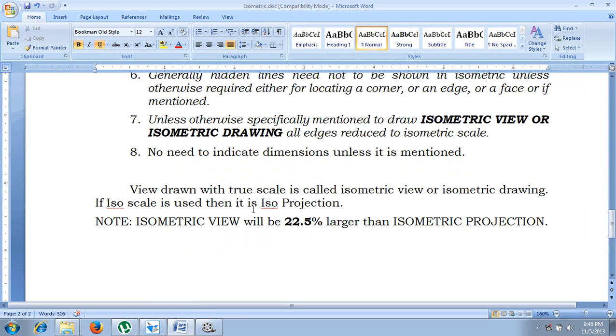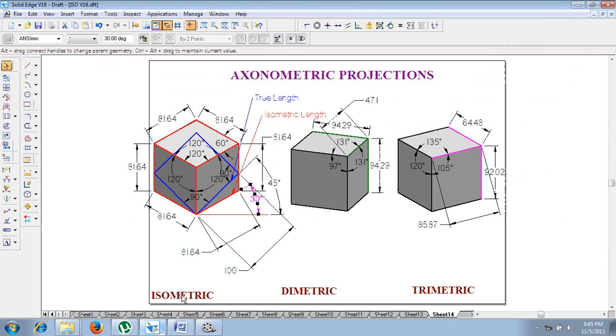If isoscale is used, then it is called isometric projection. What is isoscale? Isoscale is nothing but cos 45 by cos 30. That means a 100 mm line will be reduced to 81.64. That is called isometric projection.